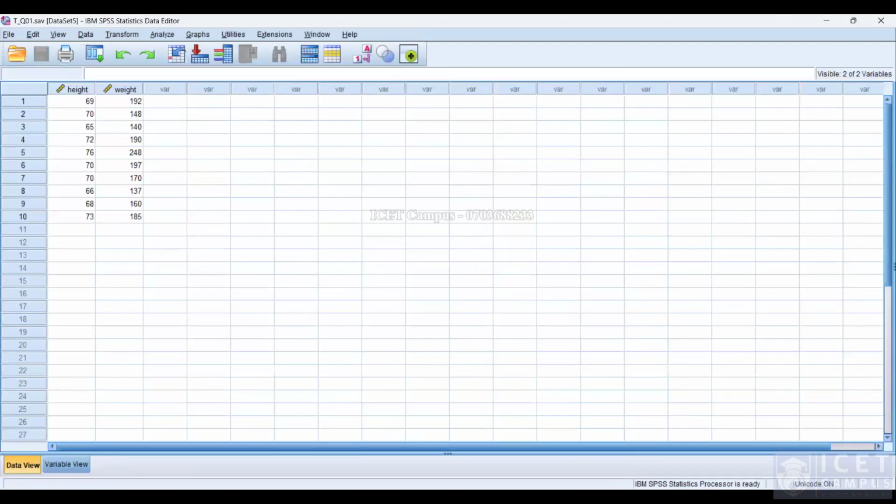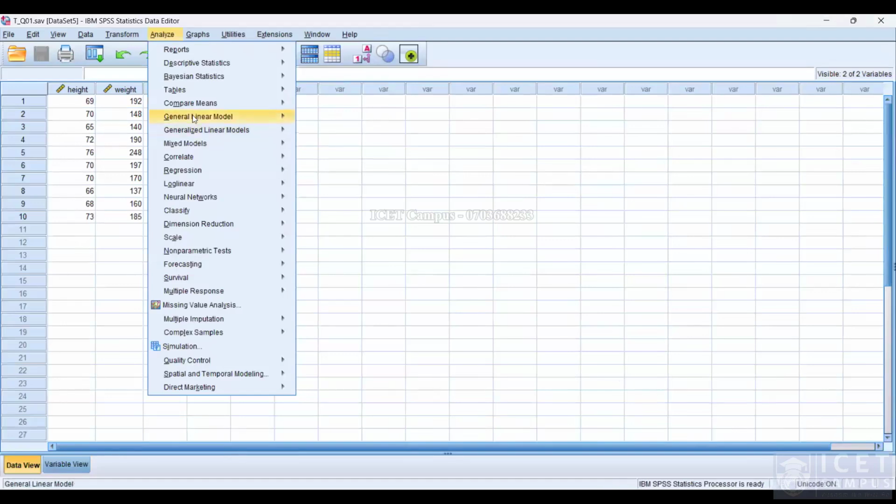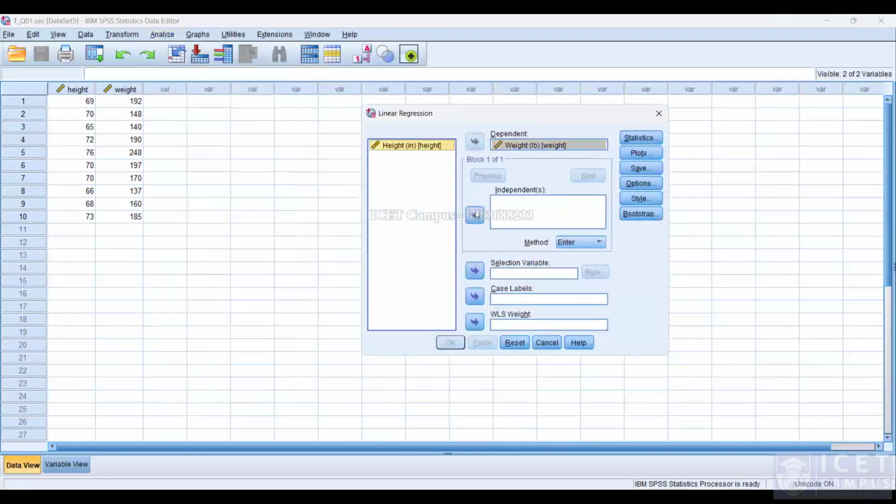Right. Then secondly, we can use the regression. So Analyze, General, Regression, Linear, Linear Regression. So we can take dependent variable weight, independent variable is height, right?